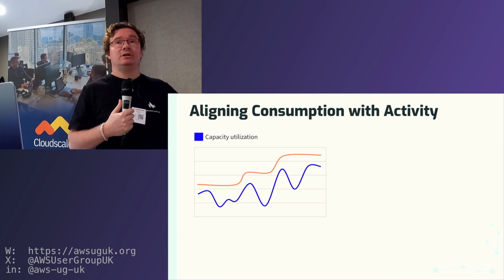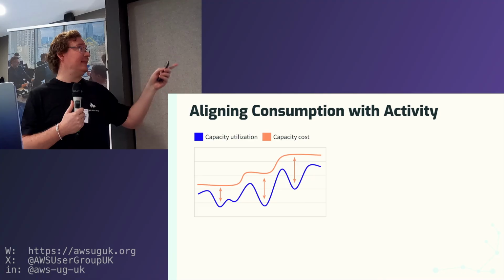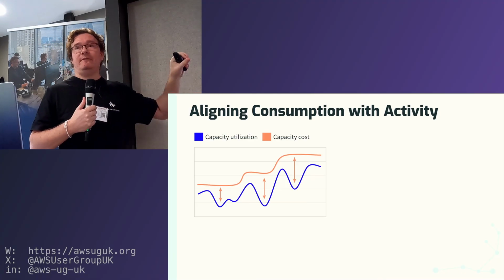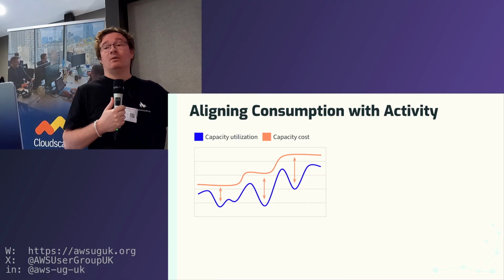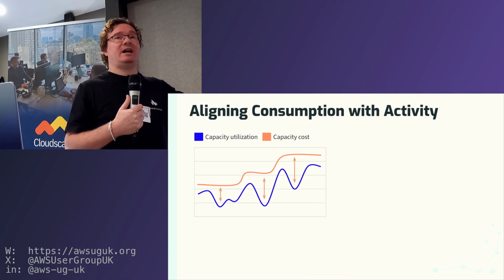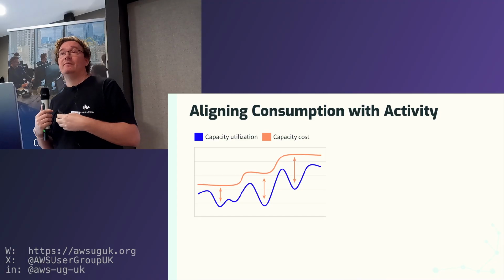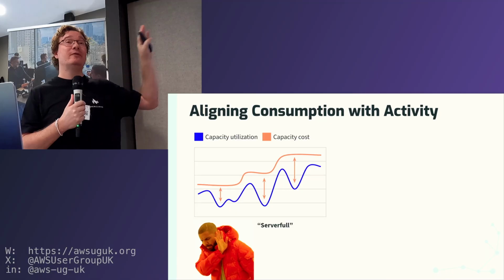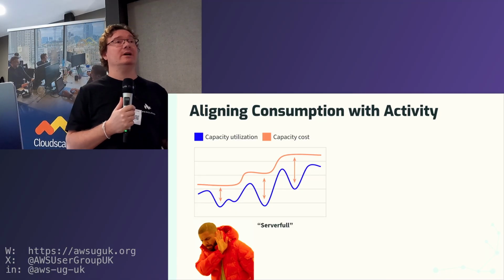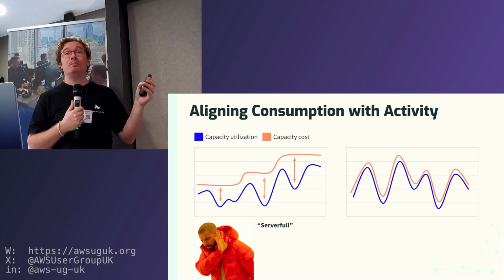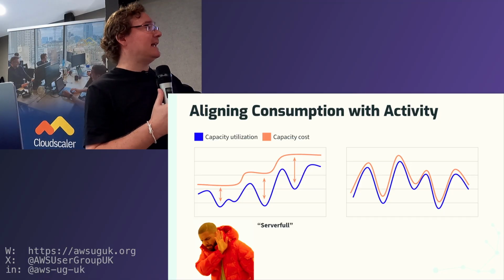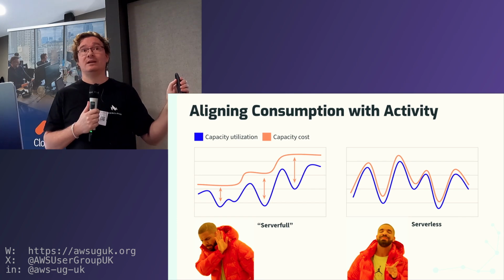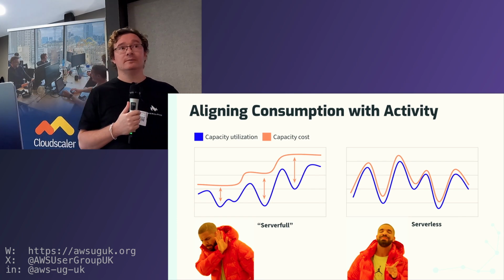This is what we usually do. But if you look at the gap between those two lines, that's the gap where we're paying for idle time. Why am I paying for that idle time? Just because I need to be prepared for a spike in traffic. So this is the serverful way we would like to avoid and improve. The way we can improve that, by making those lines as close as possible to each other, is by going serverless. That's the model we want.